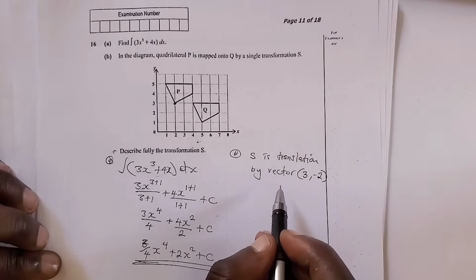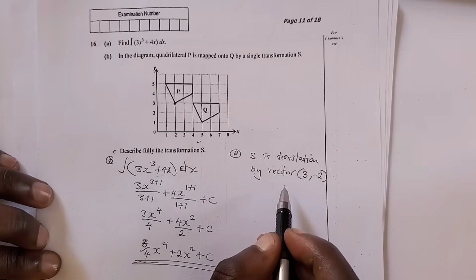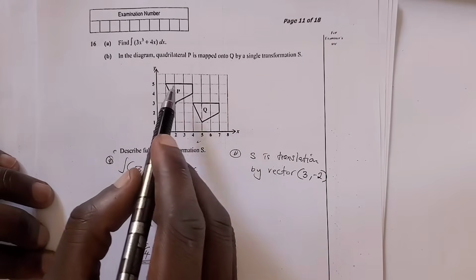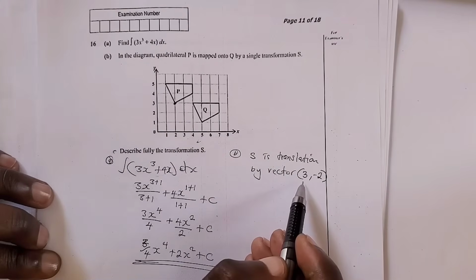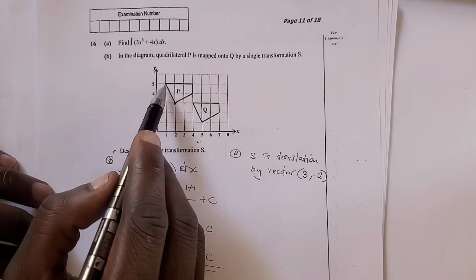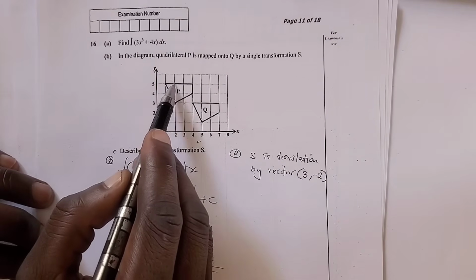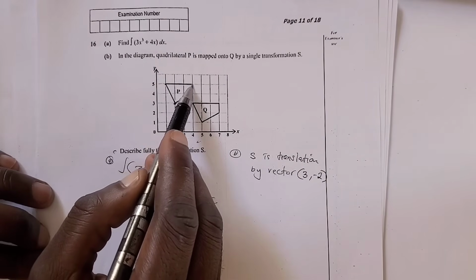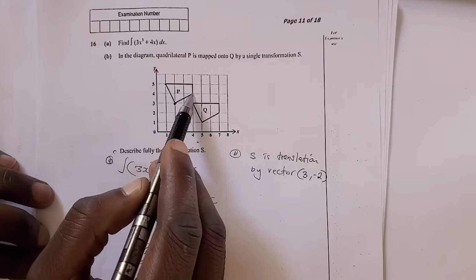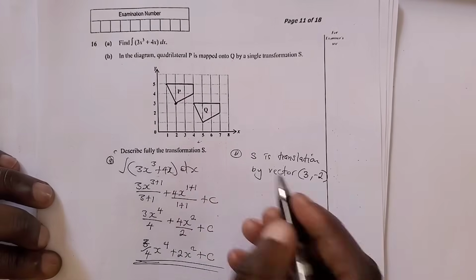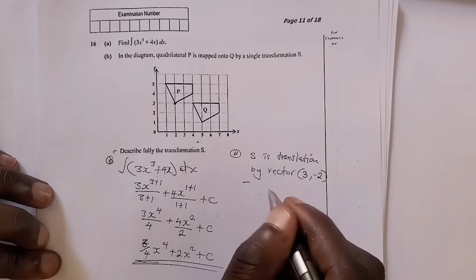If you're doubting, you can get another point. Let's get this one. You should find 3 comma negative 2. It has moved 1, 2, 3, comma 1, 2. Still 3 comma negative 2.